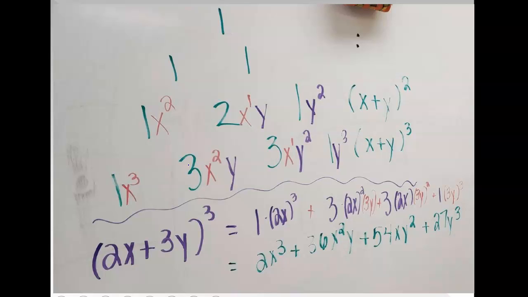And now you don't have to FOIL it 3 times. That's how when I write my a squared plus 2ah plus h squared so quickly, it's because I know it's the 1, 2, 1 from Pascal's triangle.